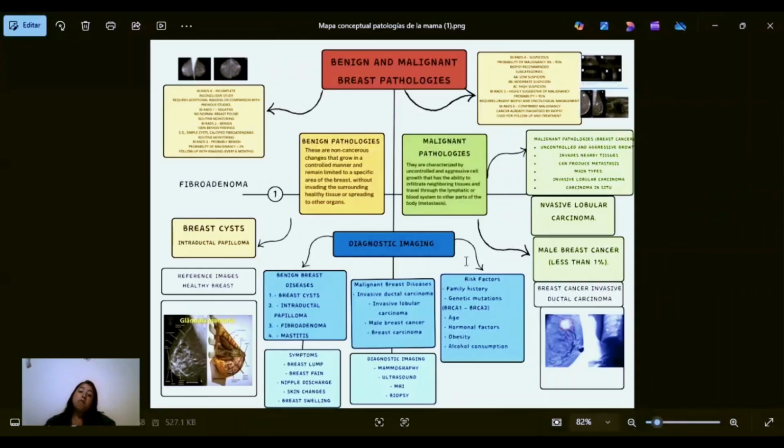Limitation: might have false positives, especially in dense breasts.